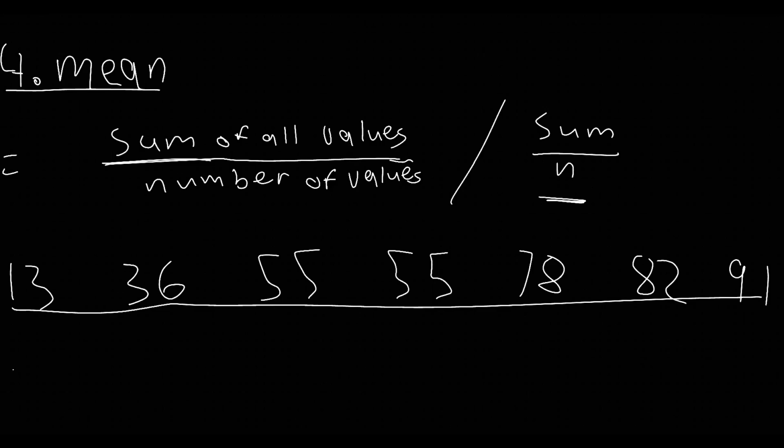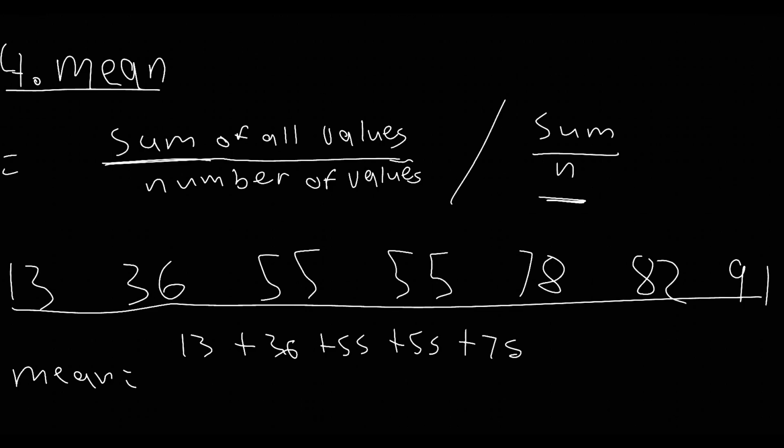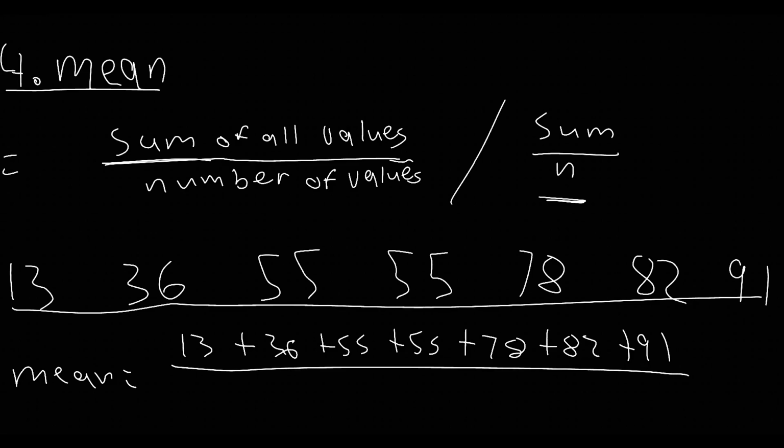So my mean would be 13 plus 36 plus 55 plus 55 plus 78 plus 82 plus 91 over the number of values. To find the number of values, you just count how many numbers there are: 1, 2, 3, 4, 5, 6, 7. So the number of values is 7.